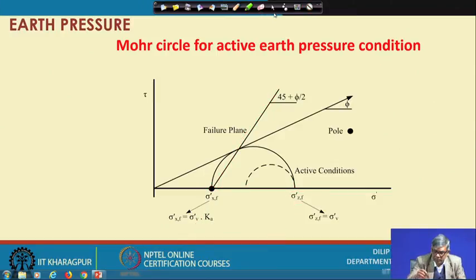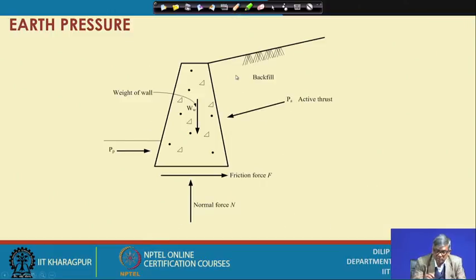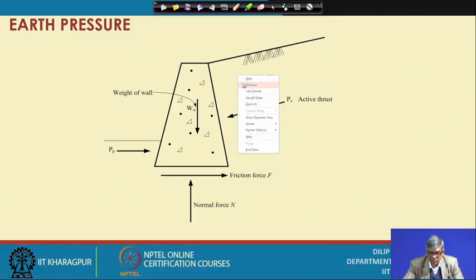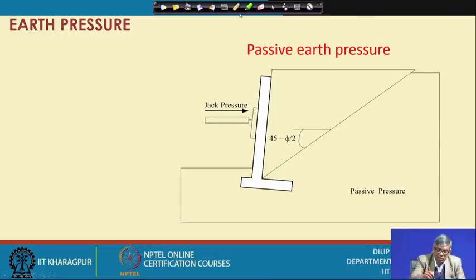Similarly, if you have passive, suppose this is the wall, and by some mechanism we could push the wall in this direction.